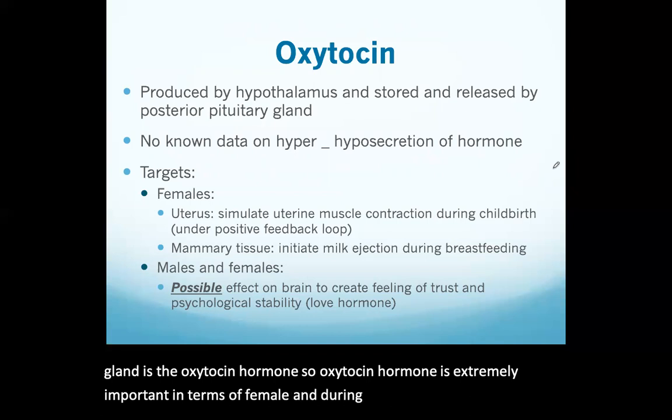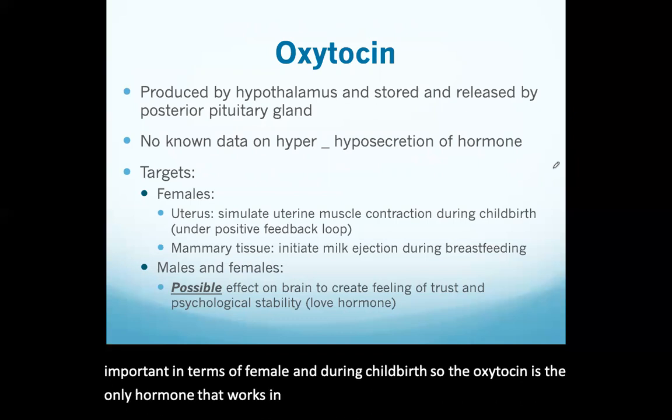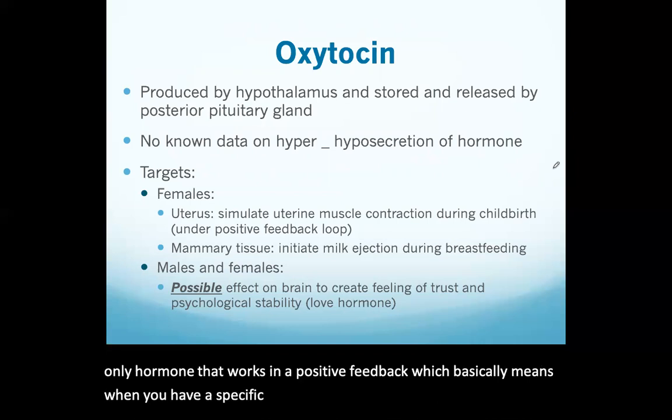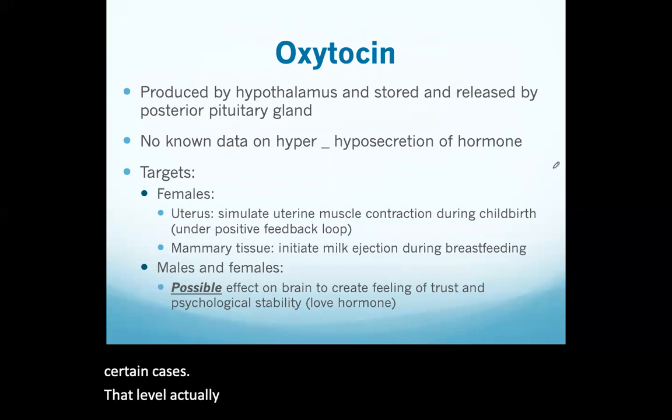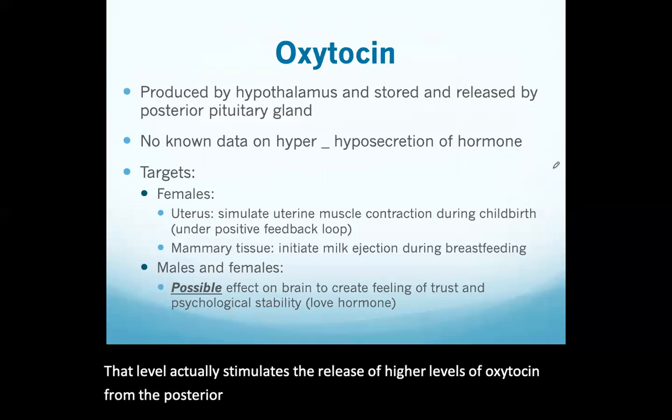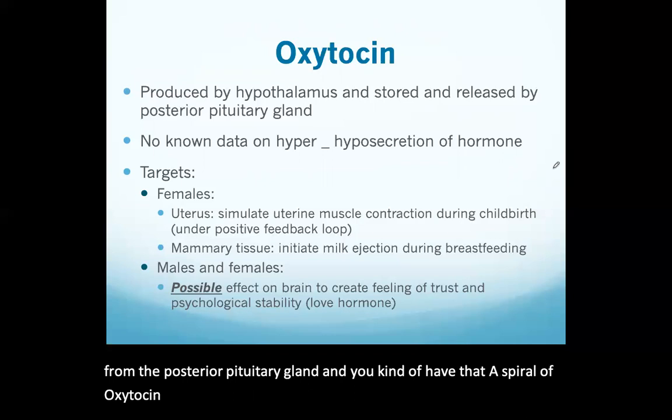Oxytocin is the only hormone that works in a positive feedback, which basically means that when you have a specific amount of oxytocin in your system, in certain cases, that level actually stimulates the release of higher levels of oxytocin from the posterior pituitary gland. And you get that spiral of oxytocin level spiking during childbirth.